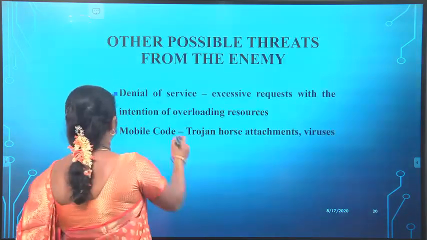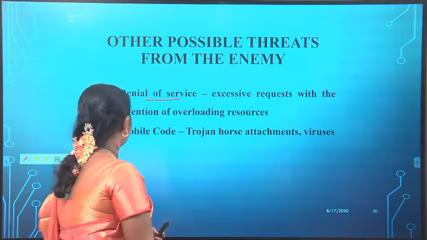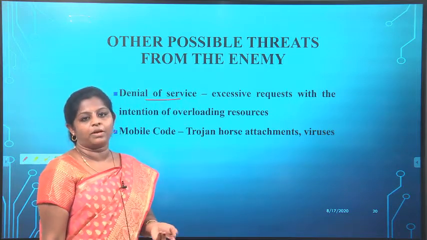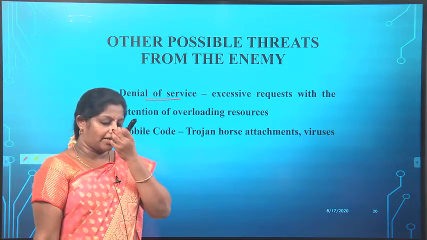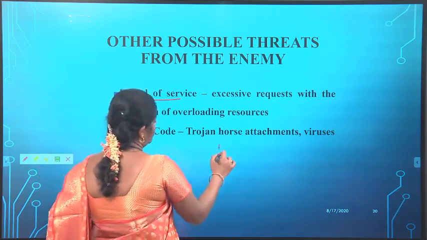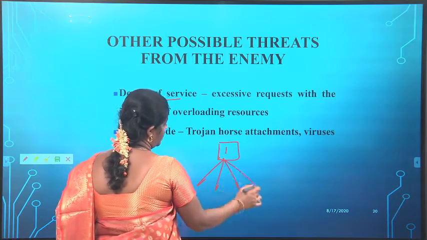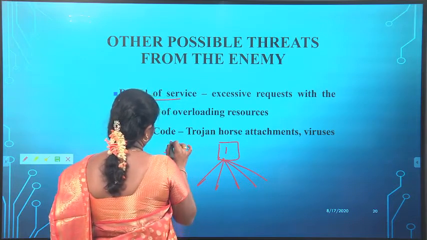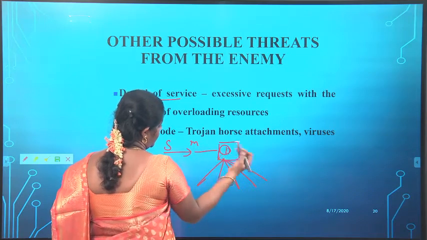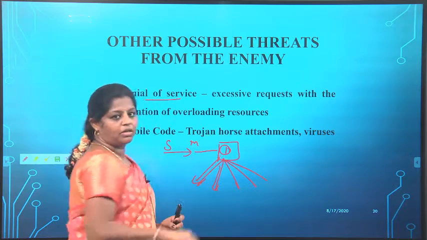But the first one is what? Denial of service. This was also explained in the previous video, in the third chapter, the architectural model, where I explained denial of service. It is like a person in between who takes the original message the receiver was meant to get, replaces it with some other content or deletes some portion, and sends that to the receiver.